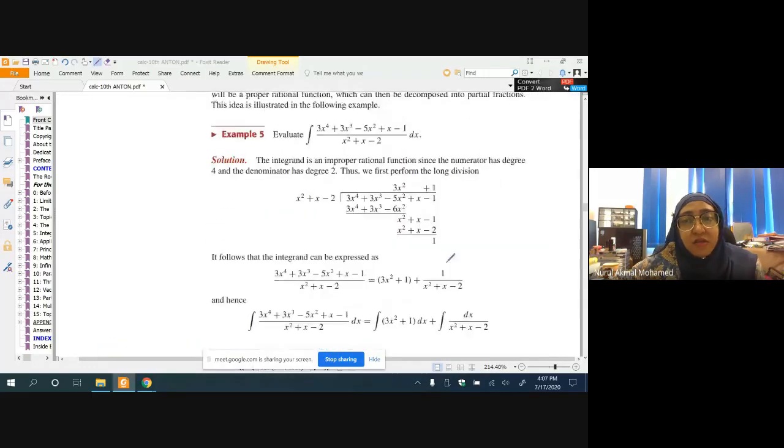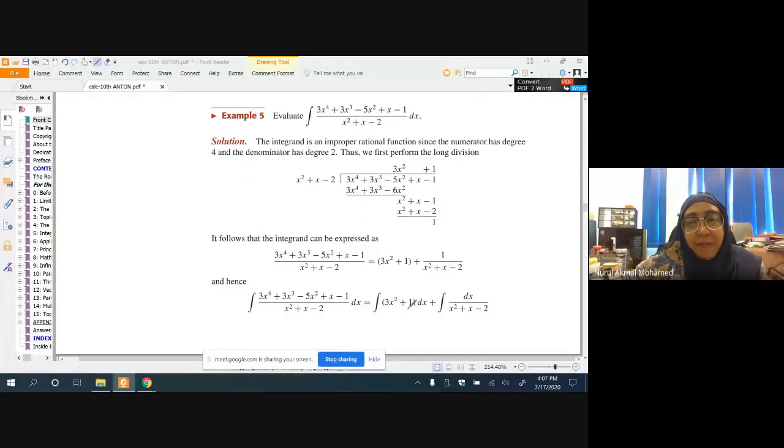This is called a proper rational function because the order of the numerator is lower than the order of the denominator. Once you have the proper rational function, you can then apply the procedure that we have just learned before.